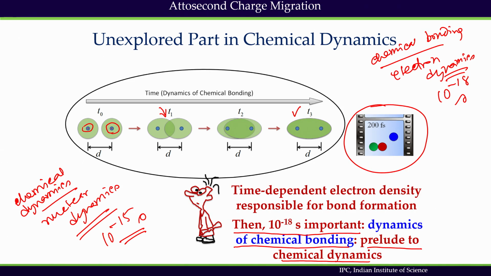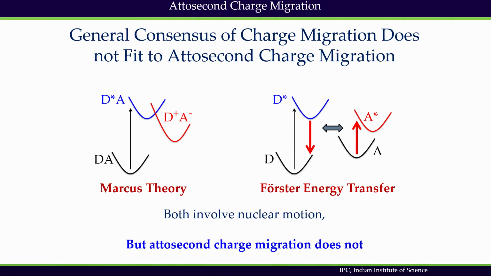So the attosecond time scale is all about the dynamics of chemical bonding, or seeing how electrons are reorganizing on their intrinsic time scale. Now, in the context of electron reorganization, charge transfer or charge migration, we often talk about these two terminologies, charge migration and charge transfer, in chemistry.